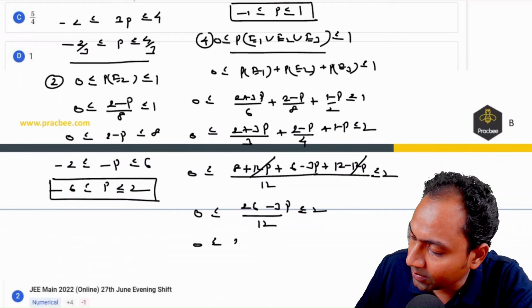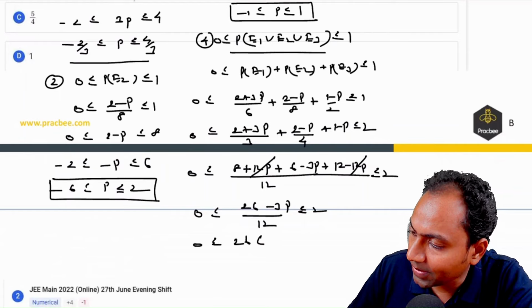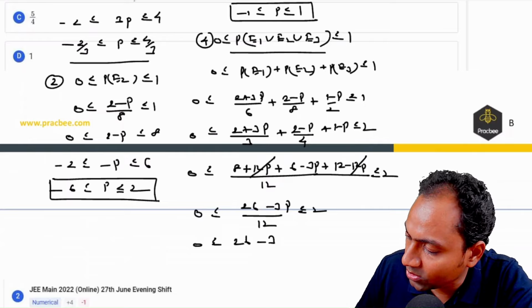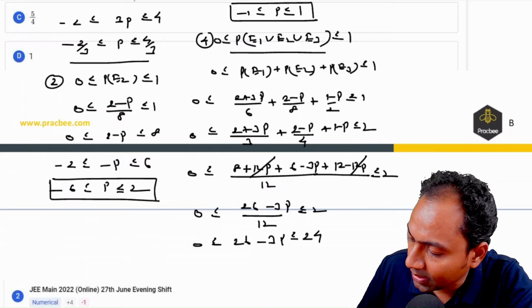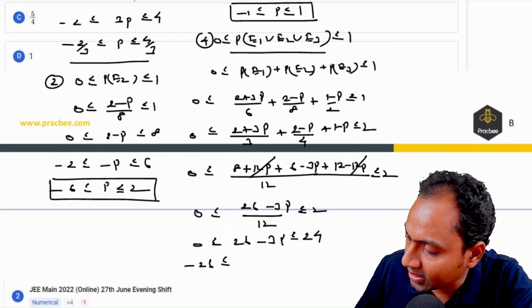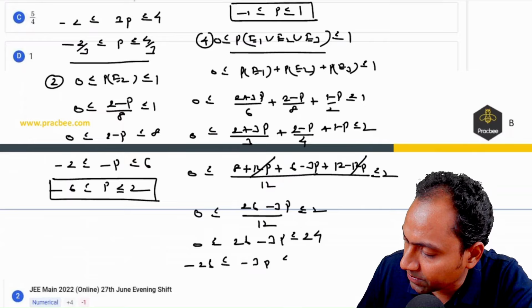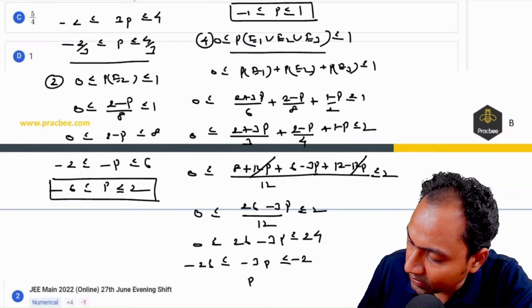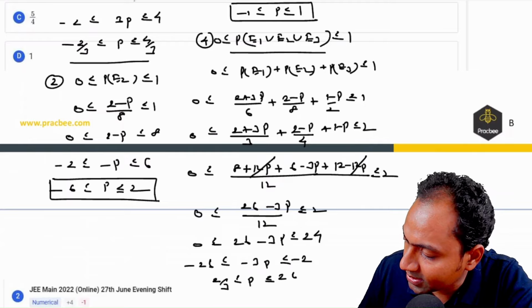So 26 minus 3P will lie between 0 and 24. If I simplify this, it becomes minus 26 lies between minus 3P and minus 2, or P lies between 2 by 3 and 26 by 3.